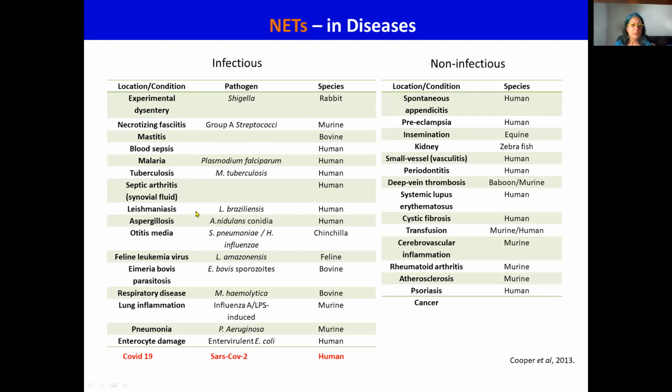Malaria, tuberculosis, leishmaniasis, that I'm going to show in a minute, fungi, aspergillosis, otitis by some bacteria, virus, Eimeria, that is a cousin of malaria, respiratory disease, lung inflammation, pneumonia, enterocyte damage, and as I told you, COVID-19 caused by SARS-CoV-2.